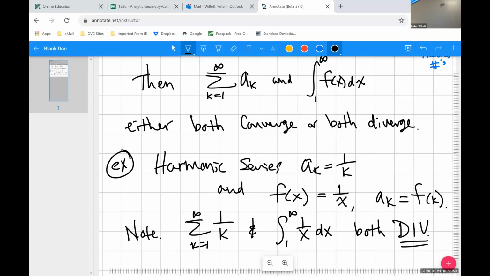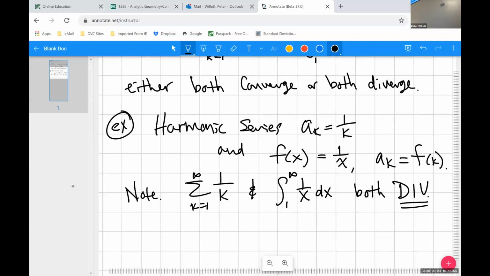And so if we had not gone through the work we did with the harmonic series to see that it diverges, and we had this theorem instead, we could have used this theorem to conclude directly that the harmonic series diverges, because we've already done this integral.